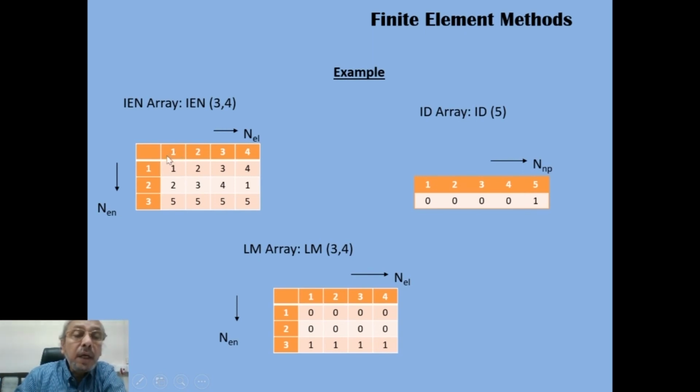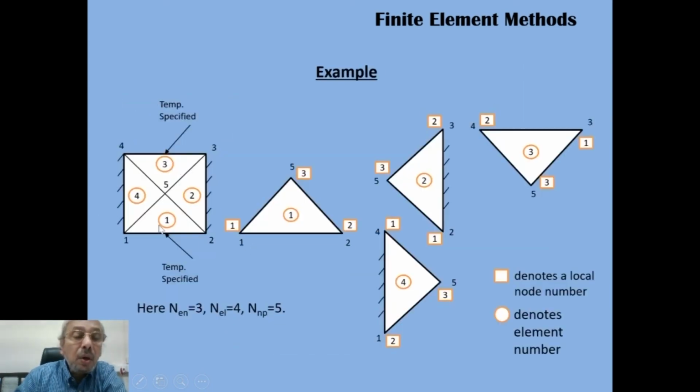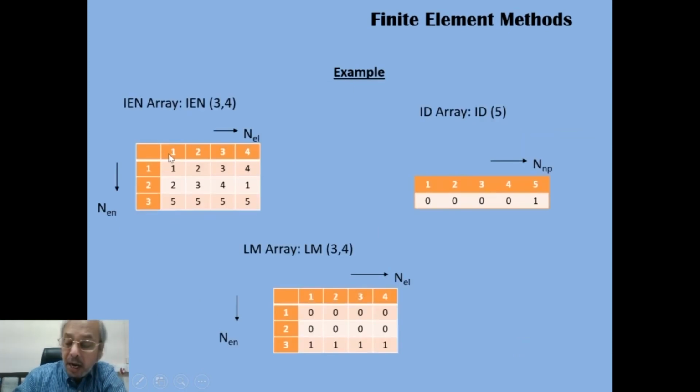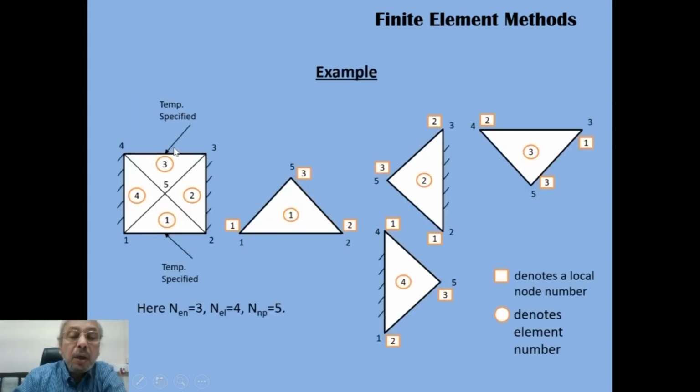So when 1 is the element number and 1 is the local node number of the first element, then what is the global node number of that? It is 1. So this is element number 1, and its local node number 1.